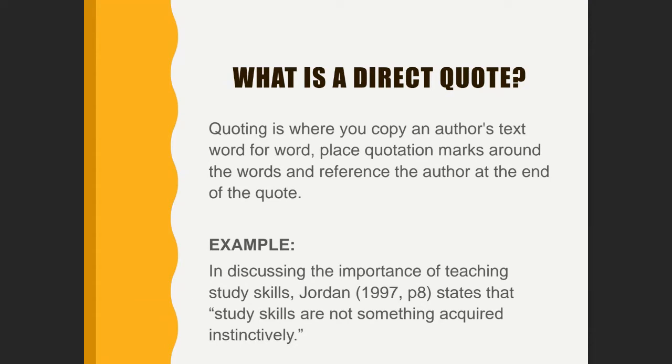How come it's not Murphy T? Okay, I won't try and pronounce your name, but when you're doing it within the text, it's only Murphy 1995. You only have the surname. It's only when you do the bibliography at the end that you put the initials in.